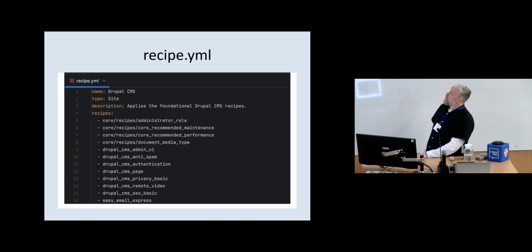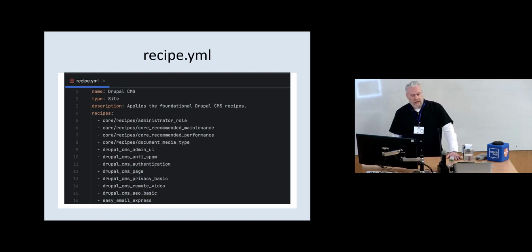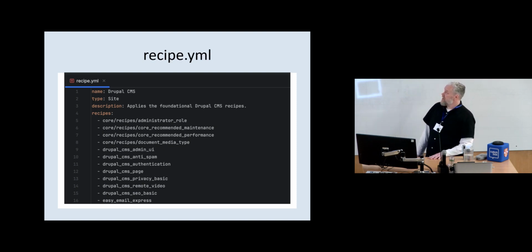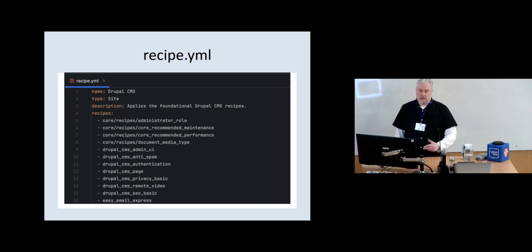The recipe YAML file is a brand new file for recipes, and it has a number of key features. If you've done any coding of modules or themes, it's a wee bit like the info YAML file. It contains your name and descriptions and stuff, and everything essentially under that recipes key is the other recipes that need to be installed before the Drupal CMS recipe can apply all its stuff.